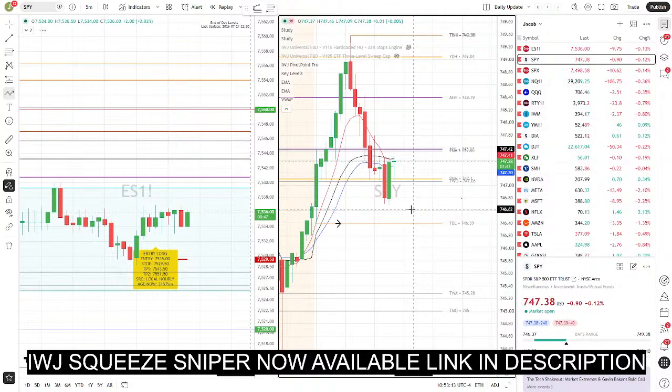Here's another opportunity for the Bulls. Higher high, Bears defend.